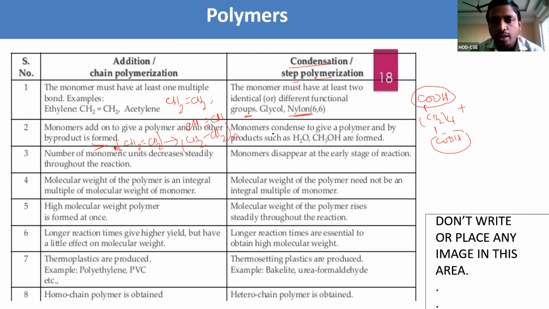Okay, but in condensation polymerization it produces byproducts like H2O. In the preparation of nylon 66, we get the byproduct H2O.